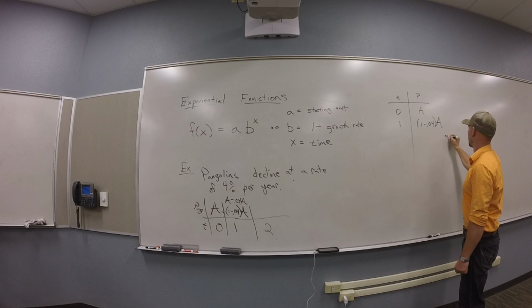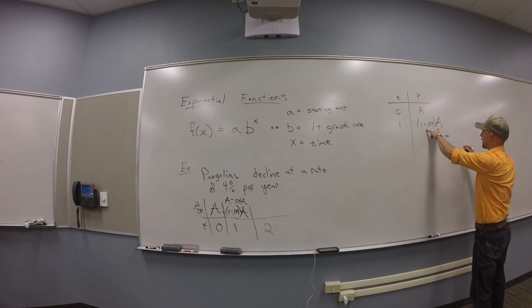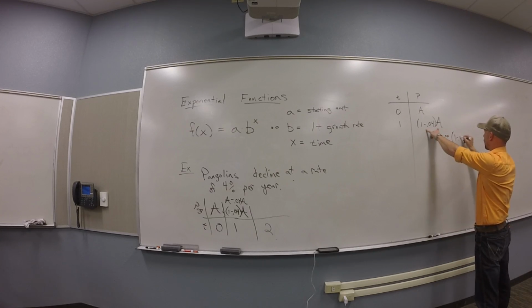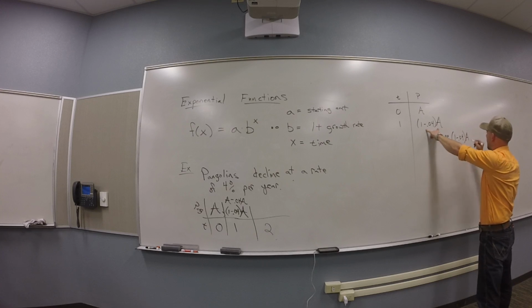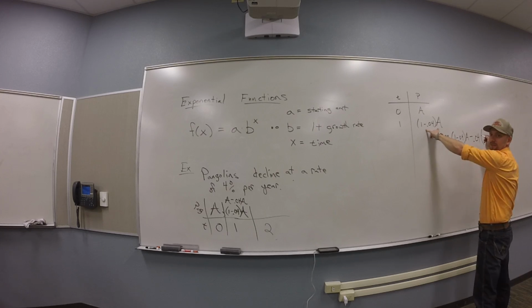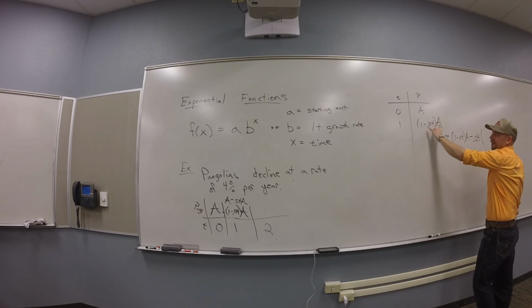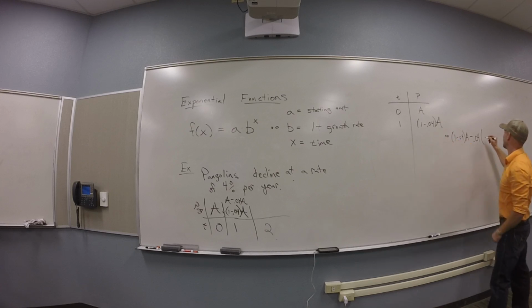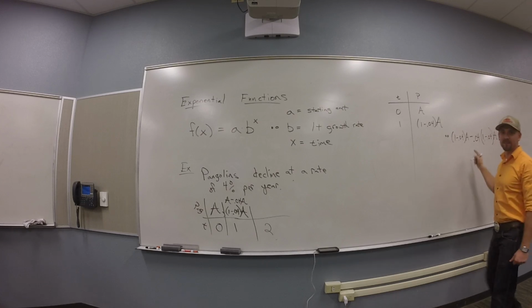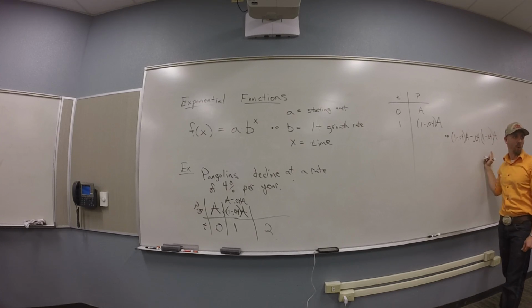Now this one gets ugly. I need to take this number, 1 minus 0.04 times A pangolins, and subtract 0.04 times this, 1 minus 0.04 A. Notice out of this thing you can factor a what?